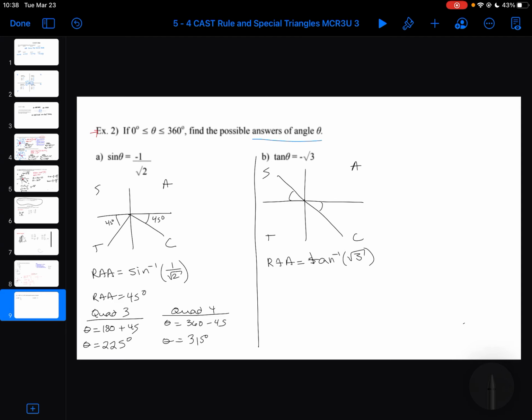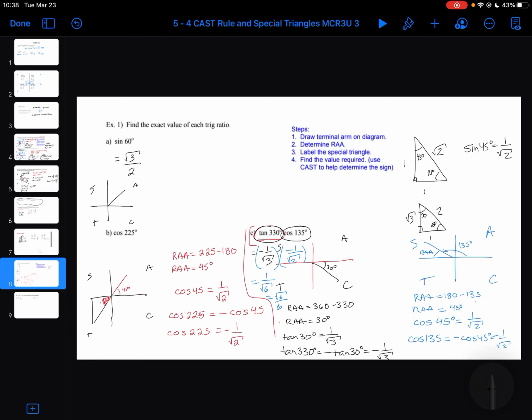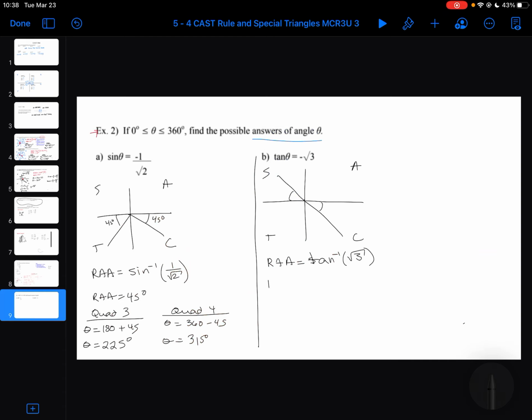You should recognize that root 3 as a ratio in one of our triangles. So right here, I've got root 3, and the tan of 60 degrees is equal to root 3 over 1, opposite over adjacent. So that means that my related acute angle here is 60 degrees.